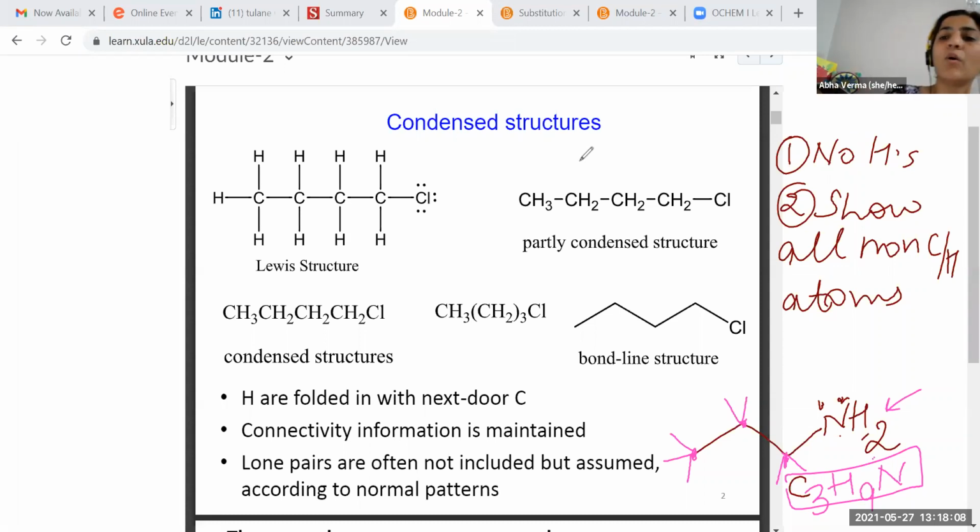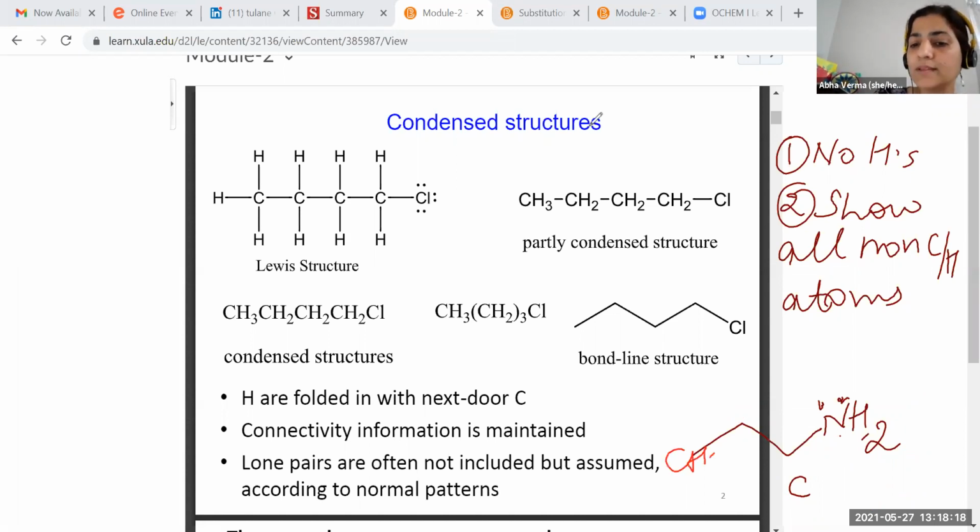Or I can also do another thing. Instead of counting all the dots, I can actually write here on the line structure. Because if I am given a bond line structure and I have to figure out the molecular formula, I can go to any sequence, which will make my life easier for me to figure this out.